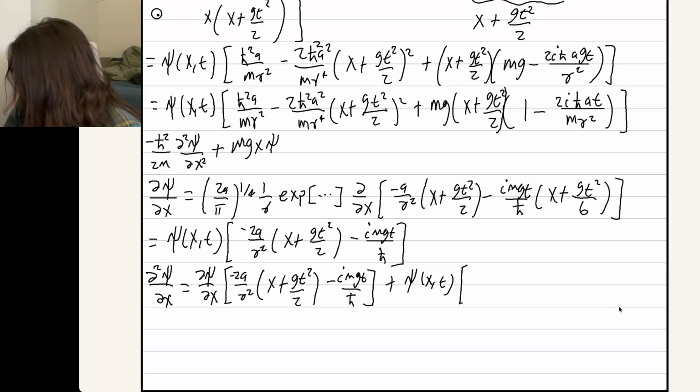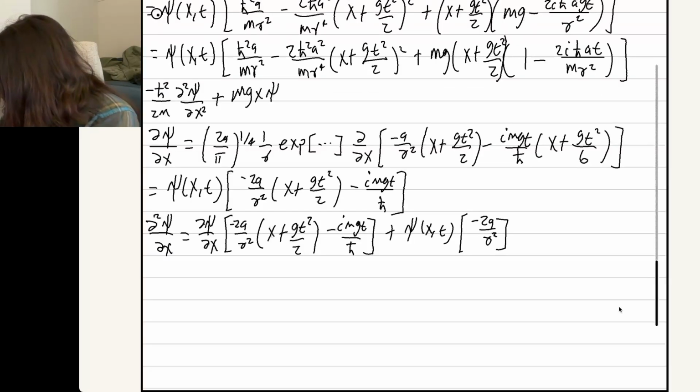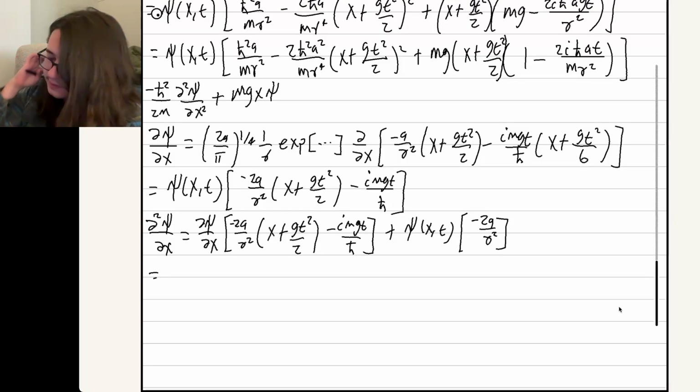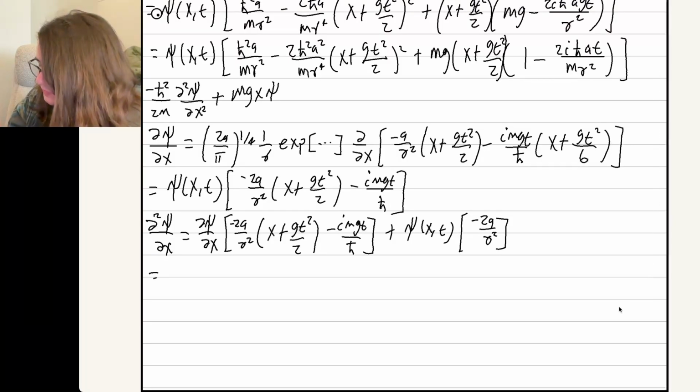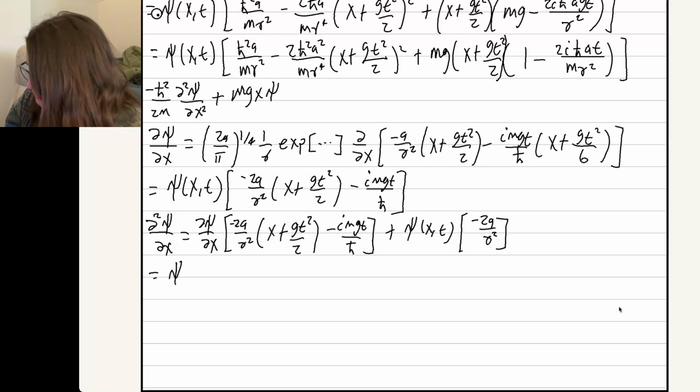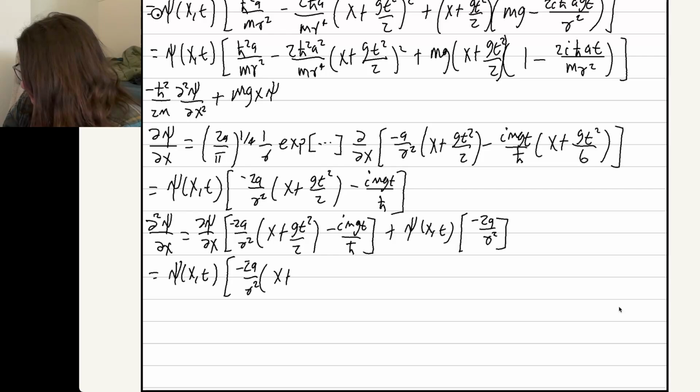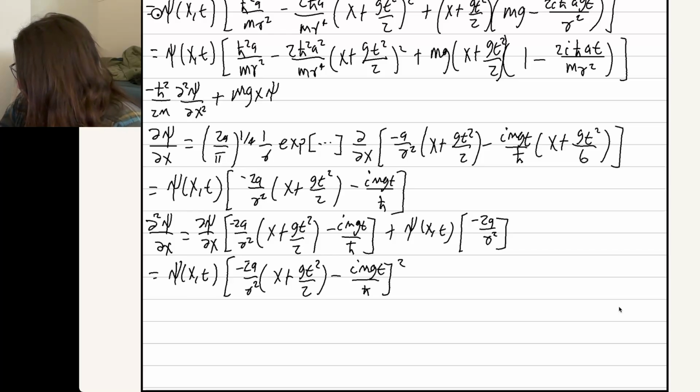So that's just going to be minus 2a over gamma squared, right? So taking the first derivative that we already calculated, we know that this is going to be psi of x and t, and then the stuff that's in the brackets squared. So eventually we're going to square this, and we have still just the 2a over gamma squared times psi of x and t.